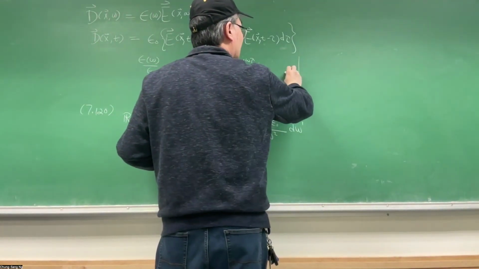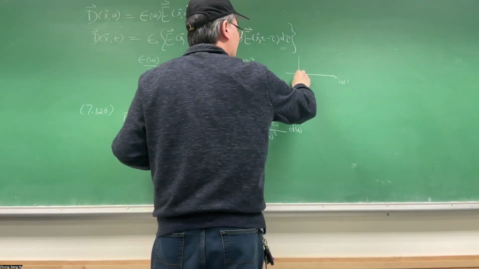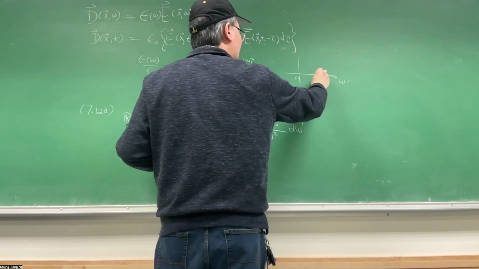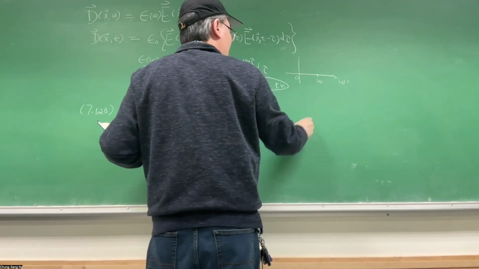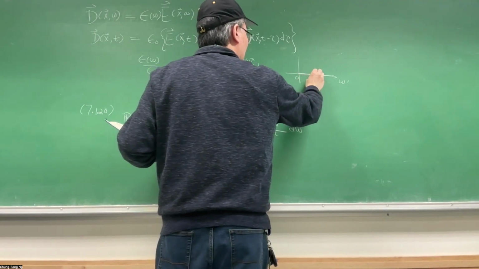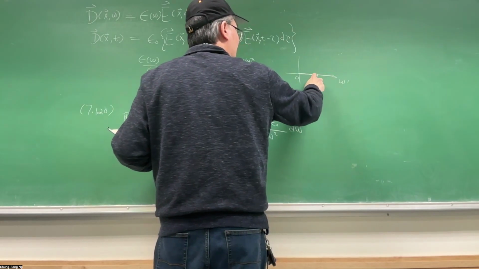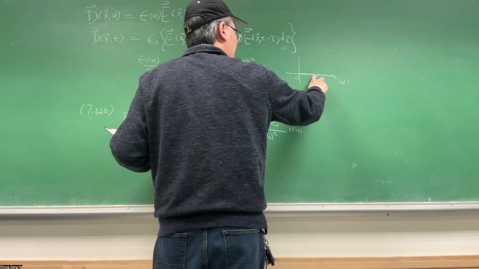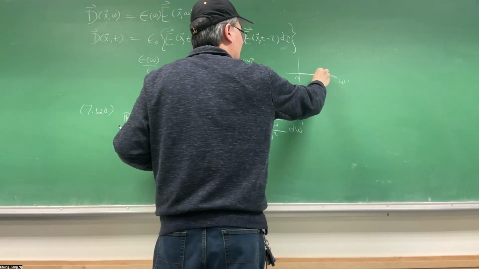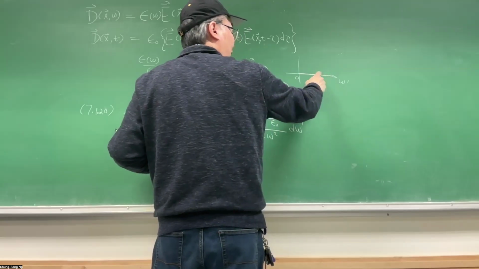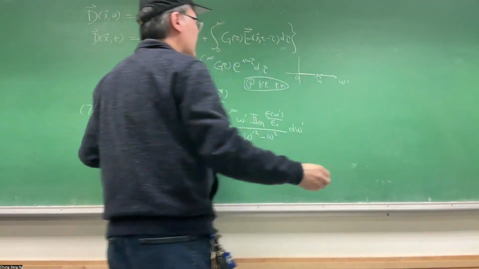You integrate along omega prime from 0 up to a certain distance delta before you hit the singularity, skip the integration, and resume the same distance delta after the singularity and continue to infinity.